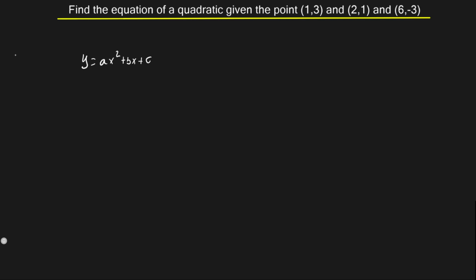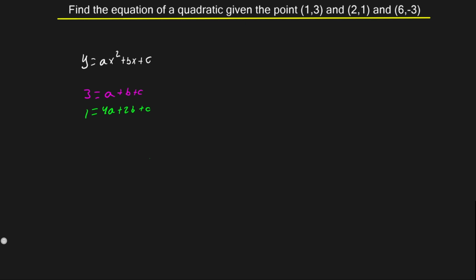So we're going to go ahead and plug in the first one, which is 1 comma 3. So we have 3 is equal to a plus b plus c, because x is 1, so it's not going to change anything. And we're also going to have the second equation where we have y is equal to 1 and x is 2, so we have 1 is equal to 4a plus 2b plus c.